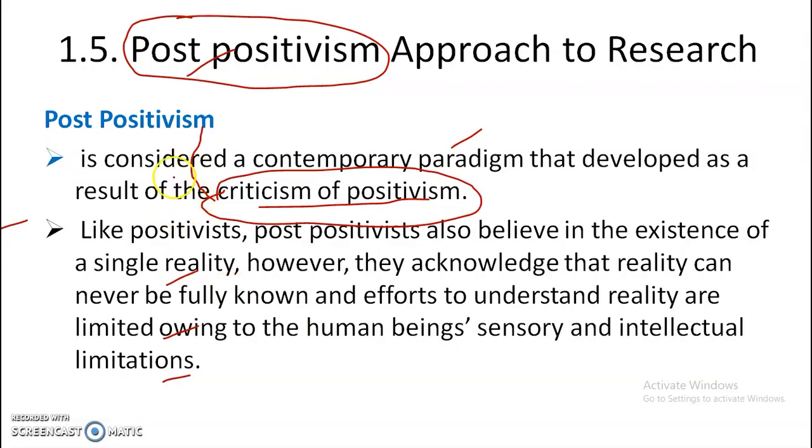Because post-positivists believe that whatever reality we try to find based upon previous literature surveys or a few journals, the understanding capability of human beings is very limited. We cannot understand up to 100%, so it is limited by human sensory and intellectual limitations. So that is the post-positivism approach to the research.